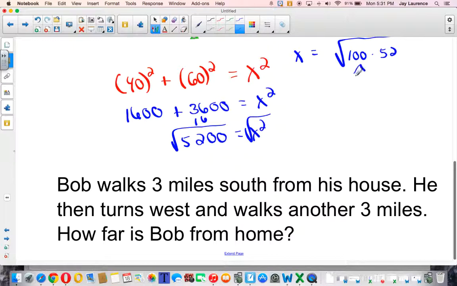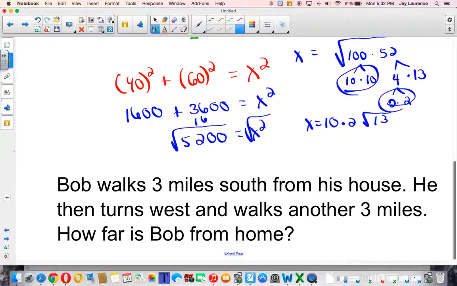I know that this is 10 times 10, and I think there's a factor of 4 hiding in there. 4 times 13, yeah, 52. So that's a 2 times 2. So out in front of the house, I'm going to have a 10 from there, I'm going to have a 2, and 13's left inside. And so the simplified exact answer would be 20 rad 13.